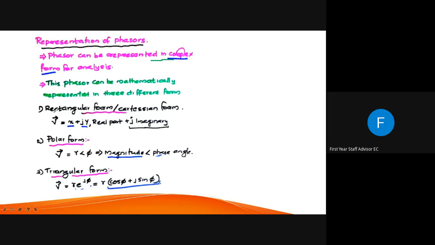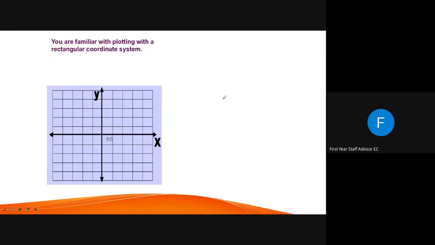The three methods are rectangular form or Cartesian form, that is the first method. Then the second one is polar form. The third method is triangular form. So in rectangular form, you can look at this diagram. Here x is the real axis and y is the imaginary axis.